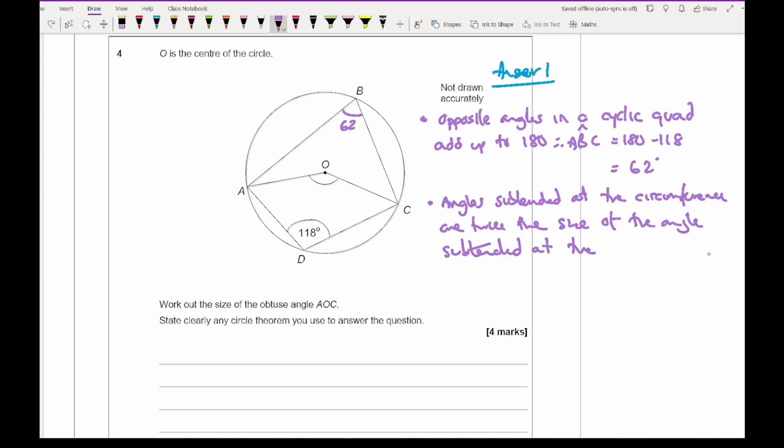Oh, I just wrote those the wrong way around. So let me write angle subtended at the centre is twice the angle subtended at the circumference. So AOC equals 2 times 62, which is 124 degrees.